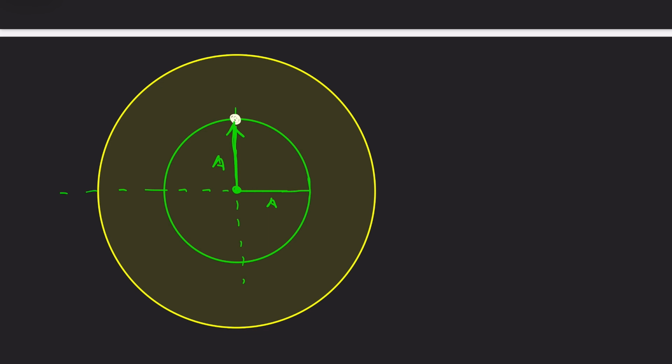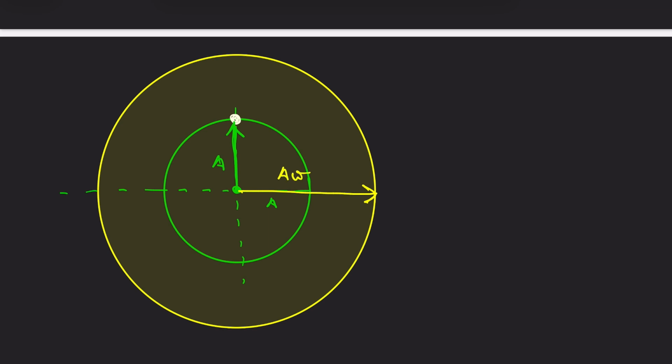So here, guys, what I can do, I can draw the velocity phasor. One minute, guys. I think I want to draw it this way. Okay, guys, this is your velocity phasor, and this will be a omega.